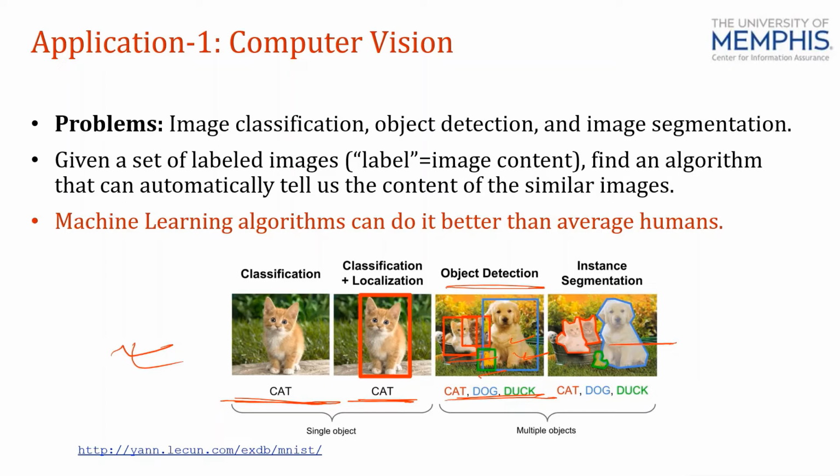Then within the red boundaries, these are the cats, and the green boundaries, this is the duck. Now this is called image segmentation. In all three problems, image classification, object detection, and image segmentation, we can find that the machine learning algorithm can perform better than average humans. There are plenty of research works published which we can see on the internet.